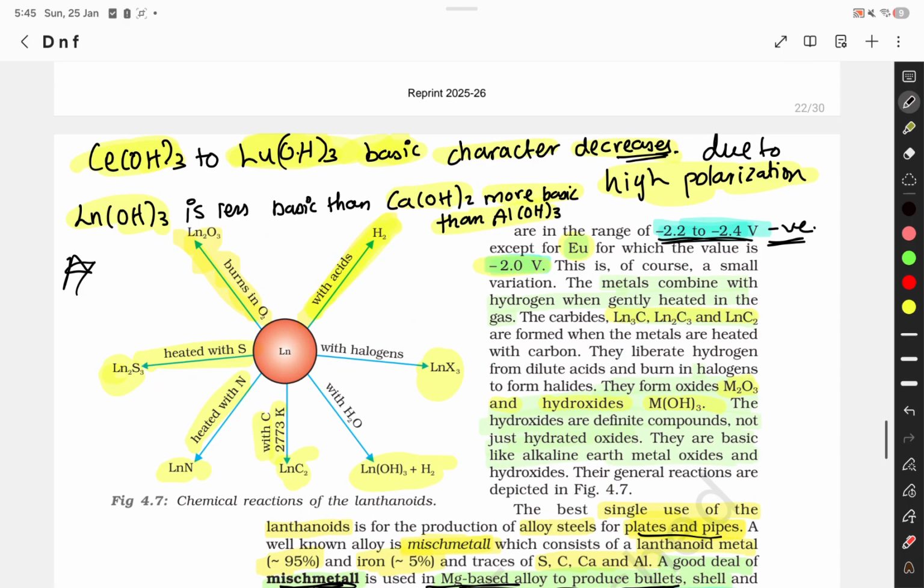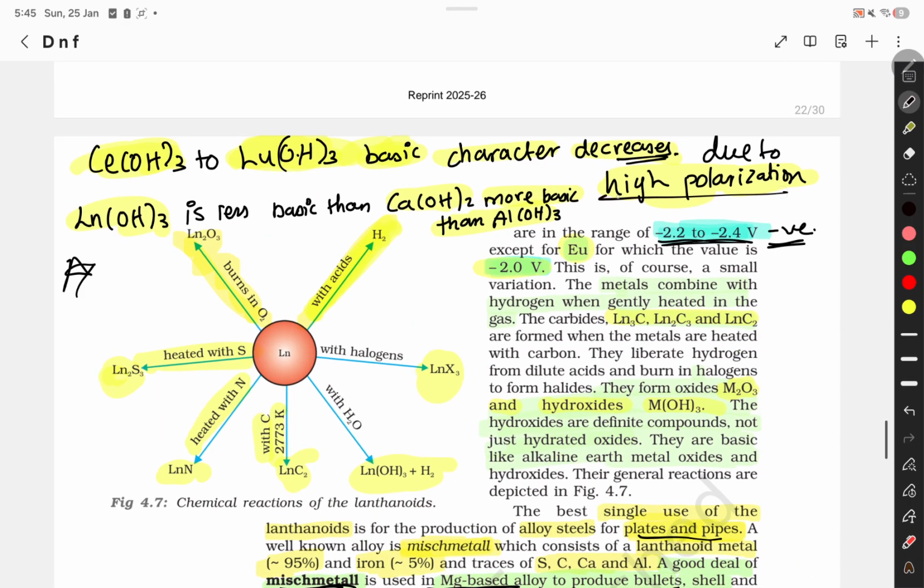Due to high polarization, mug this up as well: Ln(OH)3 is less basic than Ca(OH)2, but it's more basic than Al(OH)3. Okay.